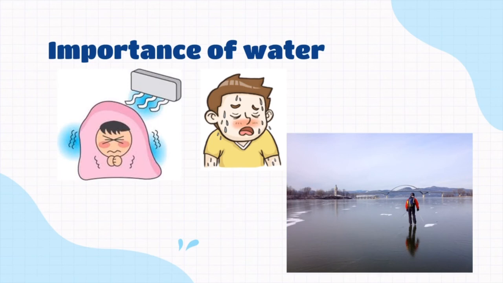And also the property that ice is less dense than water prevents water from freezing from the bottom. If water in a lake or river froze from the bottom, all of the organisms such as fish would not be able to survive through winter.